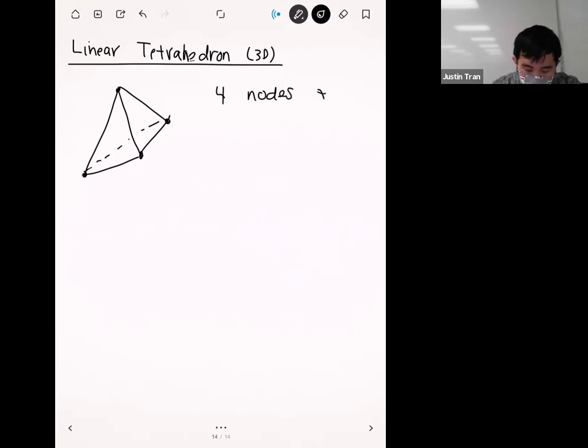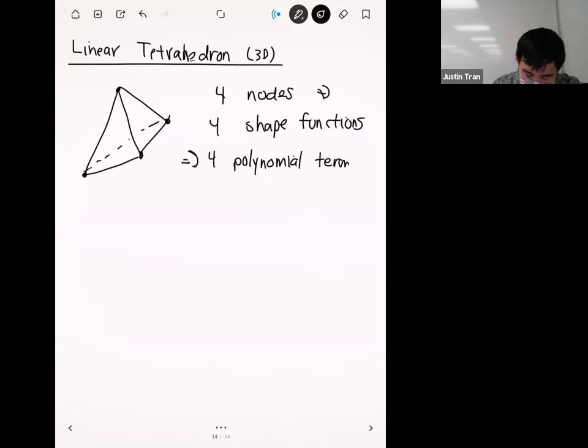You can see here we have four nodes, which tells us we have four shape functions, which means we have four terms in our polynomial. But keep in mind now we're in 3D, so we have the z direction to deal with as well.